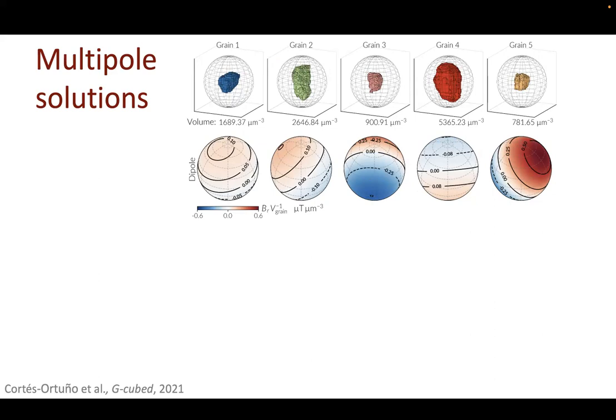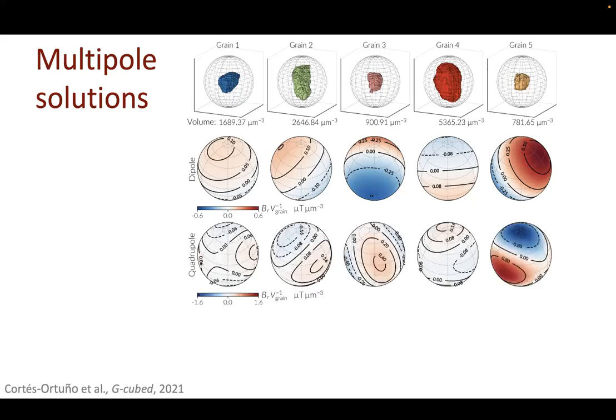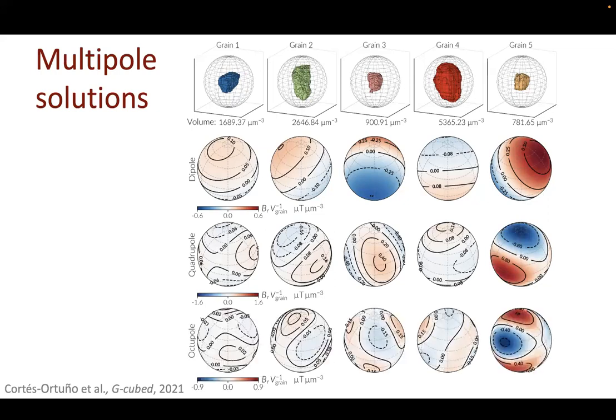If we plot the magnetization on a little sphere that encapsulates the grain, so we have the grain on top, a little sphere around it, then these are the dipole solutions. And then these are the quadrupole solutions. And here are the octupole solutions. So we see the magnetizations around these grains becoming more and more complex.